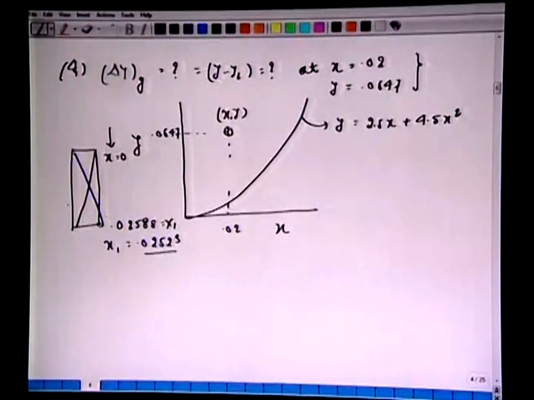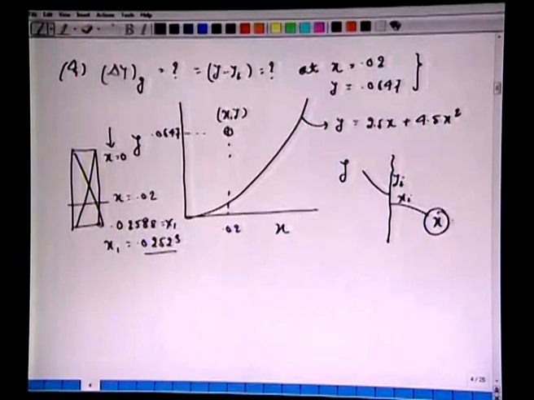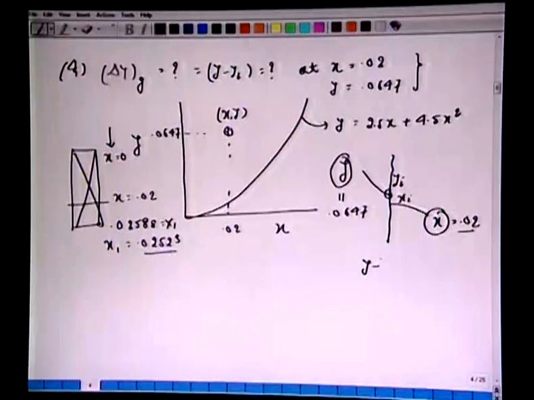So, the location where x is 0.02, that is what we are trying to find out. So, we have this interface and we have this yi and xi, we have y and x. So, x is 0.02, and corresponding to this x equal to 0.02, y is calculated as 0.0647. So, we are supposed to get yi, so that we can calculate y minus yi.